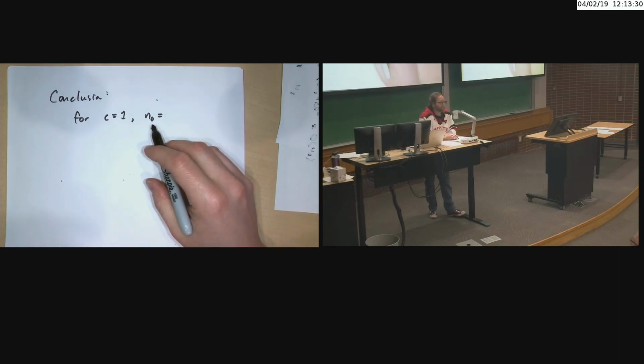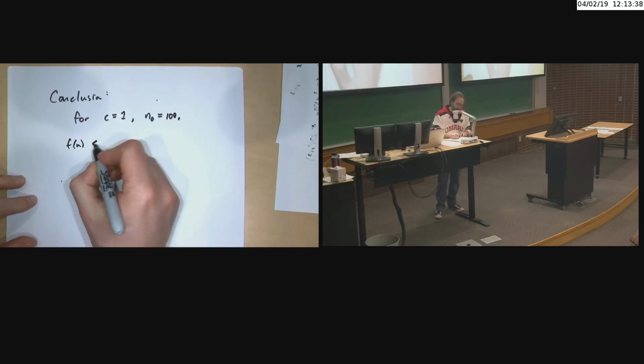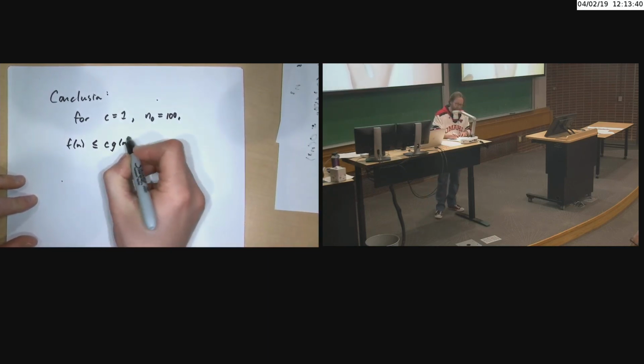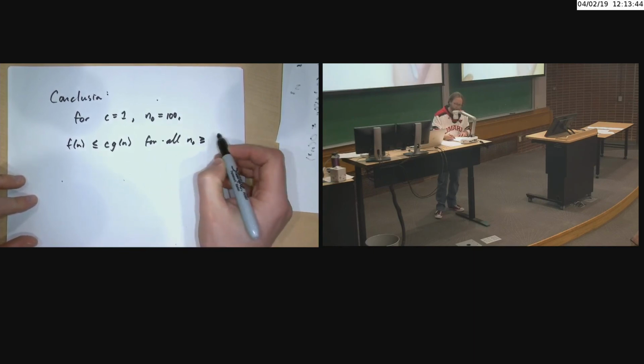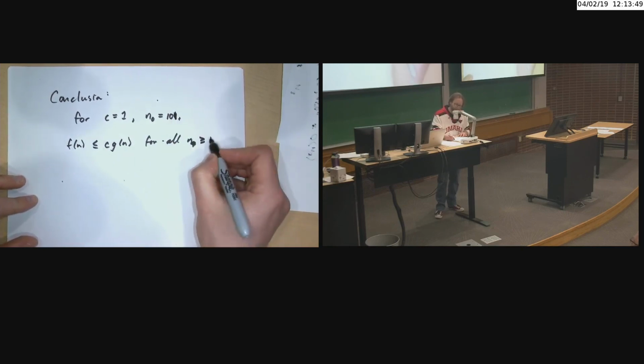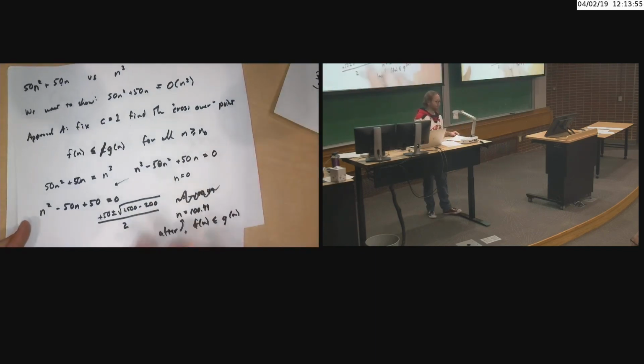That's all right. What's the next integer larger than 100.49? 101. F of n is less than or equal to c times g of n for all n greater than or equal to 101, you said, 101. Right? And my proof is right here, because I was able to find those roots.